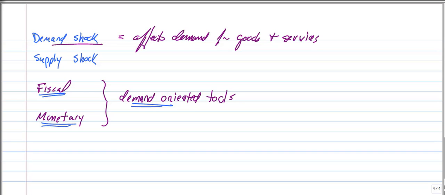So let's run through the main fiscal policy and monetary policy tools. Fiscal policy, well, we tend to say the main fiscal policy tools are taxation, government spending, and debt management.